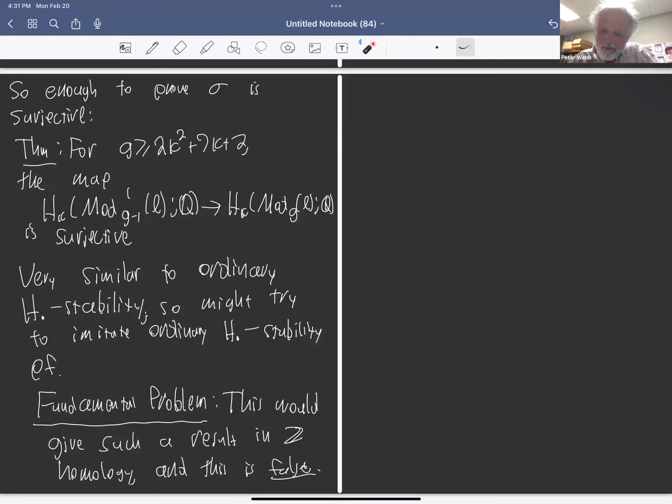If you do restriction and then co-restriction, you get multiplication by the index, which would be impossible. So one term injects in the other. And if you go the other way and you do the co-restriction followed by restriction, you get a Mackey formula, with double cosets. And some of those double cosets may then contribute in a way you don't want.